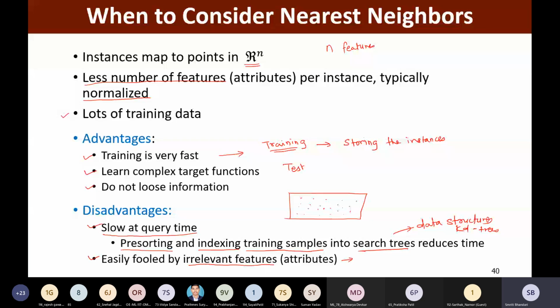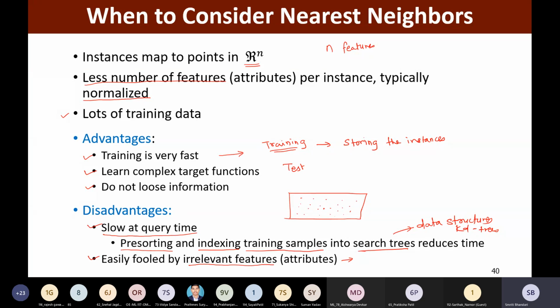By having a minimum number of features describing the instance, it is possible to overcome this disadvantage and come up with good results. This is what we need to consider whenever we think of using the nearest neighbors algorithm.